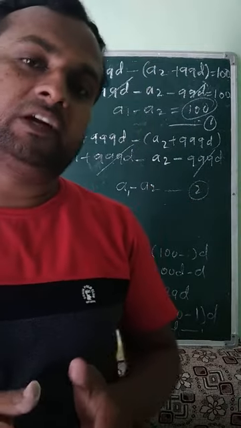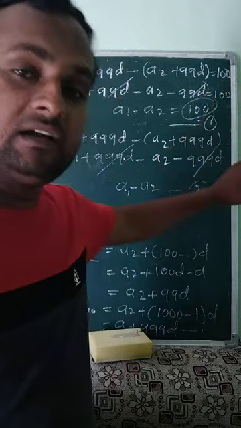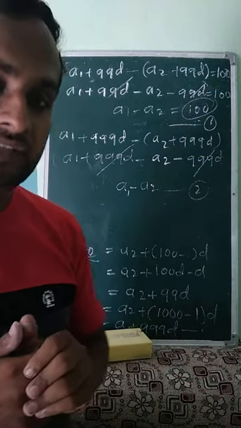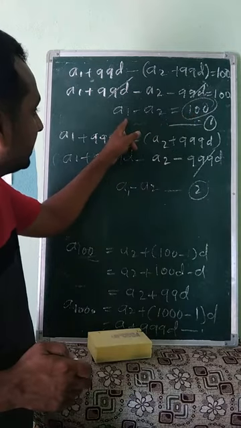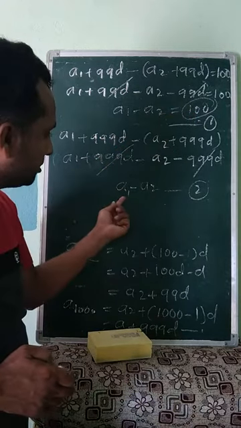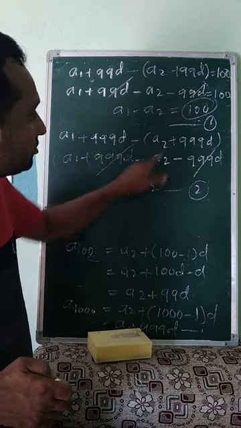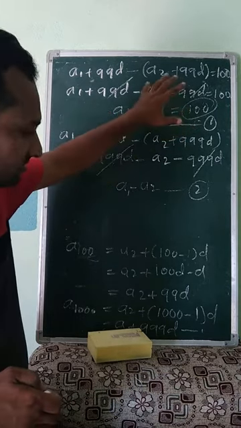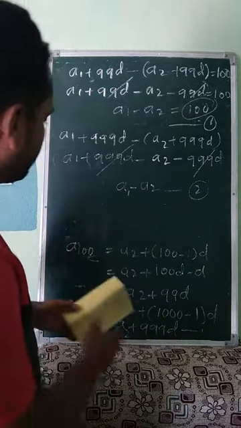The difference between the 100th terms of the APs is 100 only. Similarly, the difference between the 1000th terms of the APs is also 100 only, because A1 minus A2 is equal to 100. So here also the common difference is 100 only.